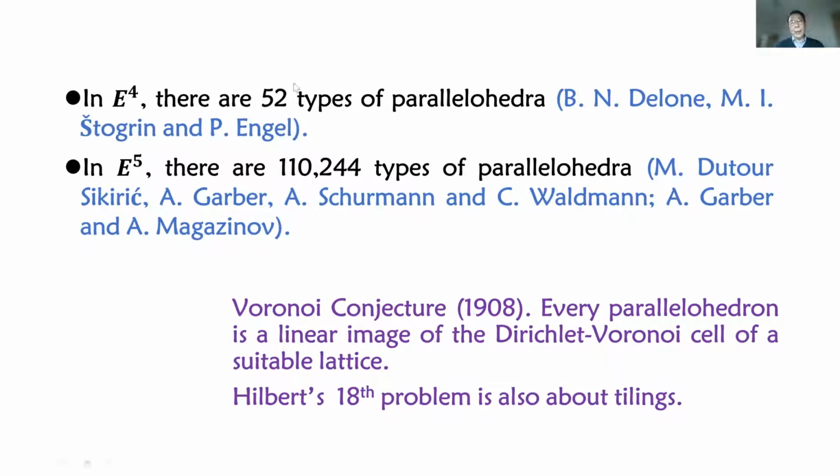So altogether there are 52 types. In five dimensions, there are 110,244 types of parallelohedra. This means for lattice tiling.